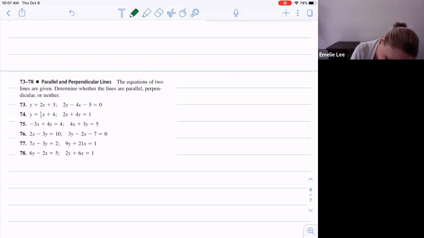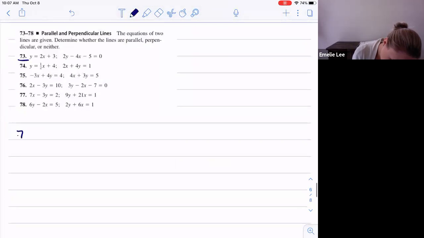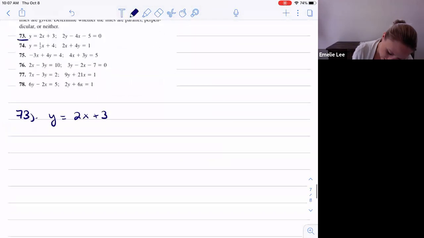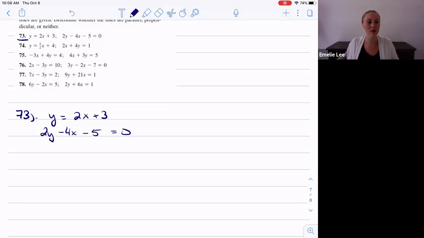So let's do this first one, just to warm up. You have y equals 2x plus 3, and 2y minus 4x minus 5 equals 0. That first one, it's easy.